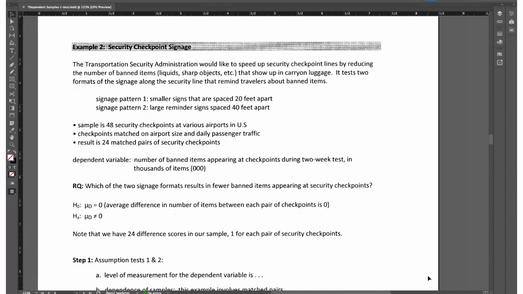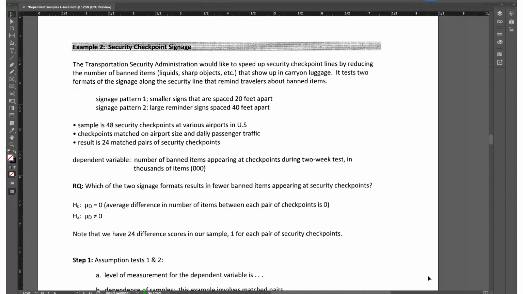The sample is 48 security checkpoints at various airports in the US, and the checkpoints are matched on airport size and daily passenger traffic. And so this would result in 24 matched pairs of security checkpoints.